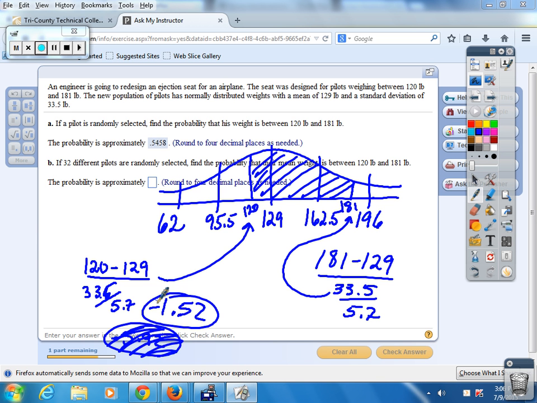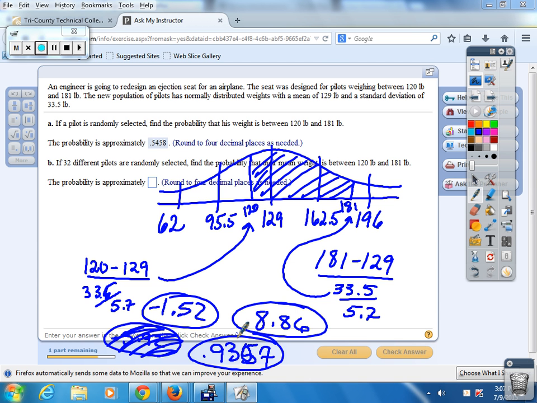Okay, I got 8.858. Everybody get 8.86? All right, now give me a probability between negative 1.52 and 8.86. 0.9307, 57.